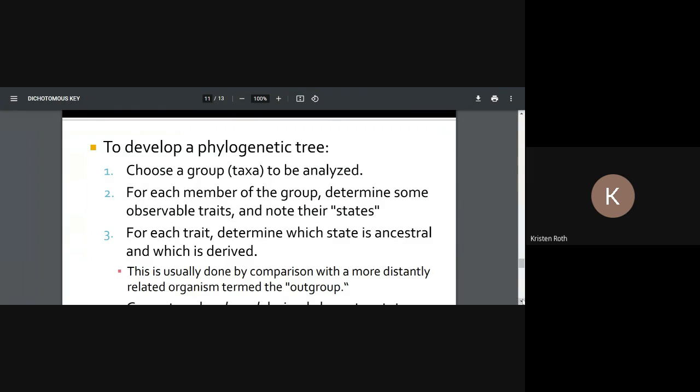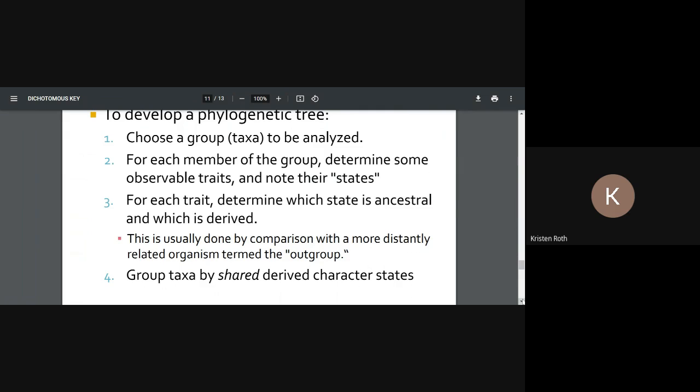So what came from the past and what did not. This is usually done by comparison with a more distantly related organism, termed the outgroup. So that first one that we looked at, that lancelet, that was the outgroup, more distantly related. So way back in the day. And then we group taxa by shared derived character states.